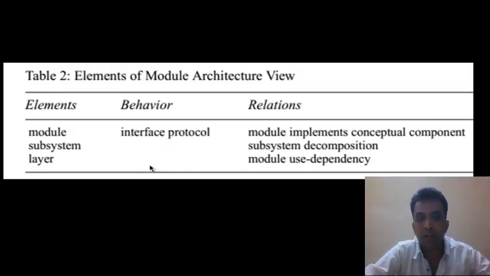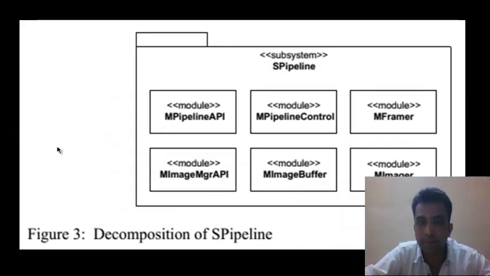So here are the three basic elements: first one is a module, second one is a subsystem, third one is a layer. These three basic elements come under the module architecture view. And these are the decomposition of the S pipeline I told you.